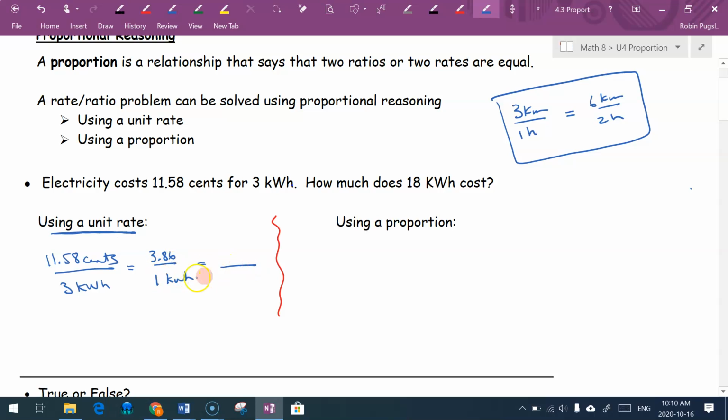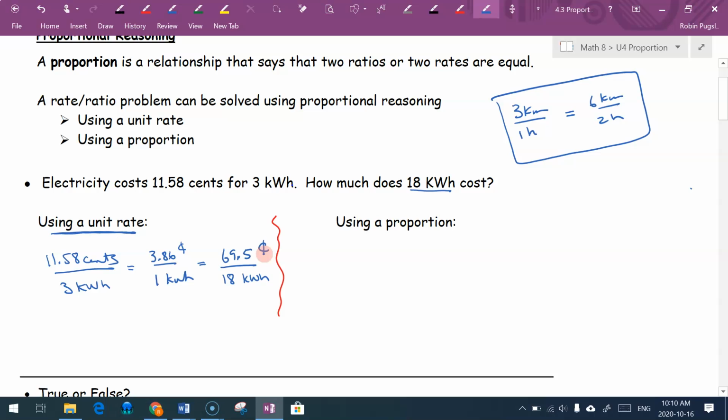And now we can make it out of any number we want, right? So if we want to make it out of 18 kilowatts, and this is still in cents, right? We still have our units following along with us. Now I'm multiplying by 18, so I take my numerator and I multiply by 18. And I get 69.48, which I'll round off to 69.5 cents.